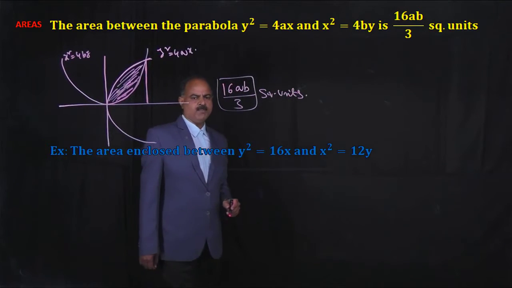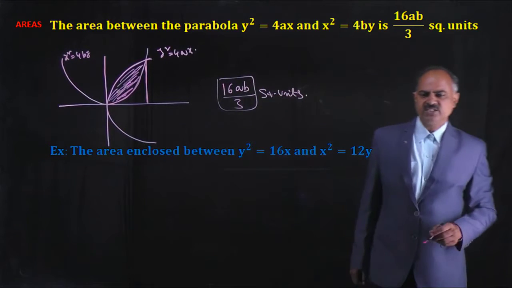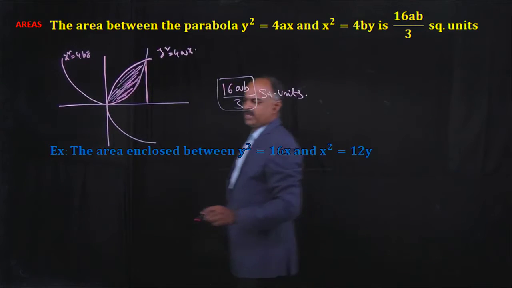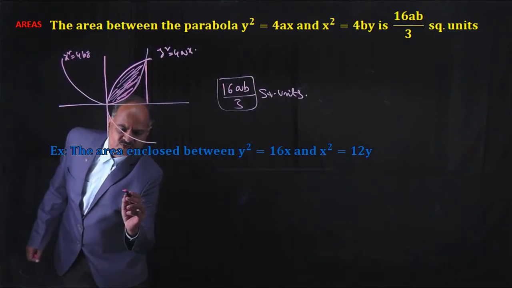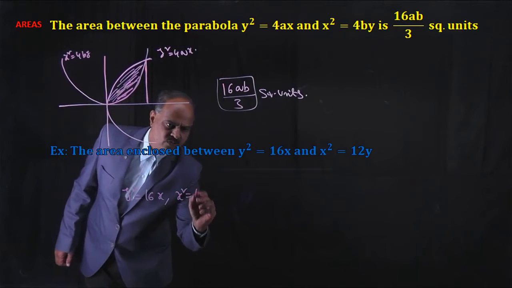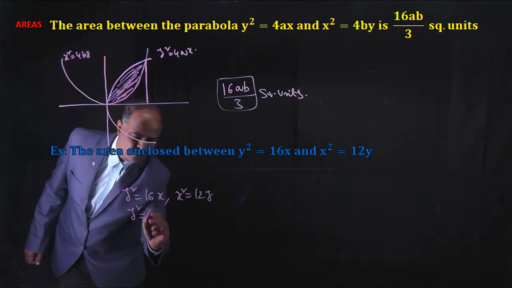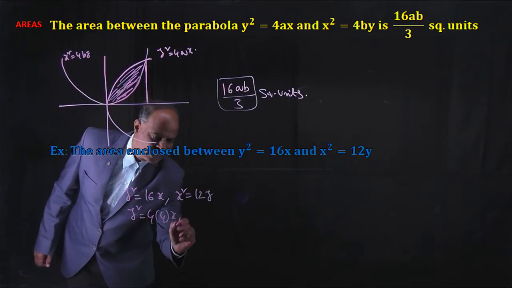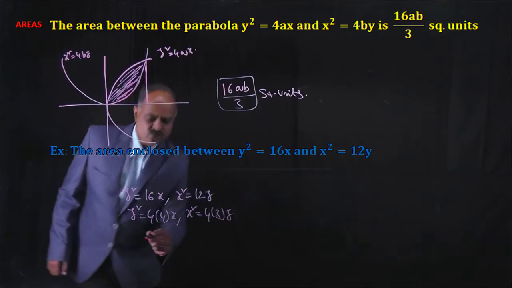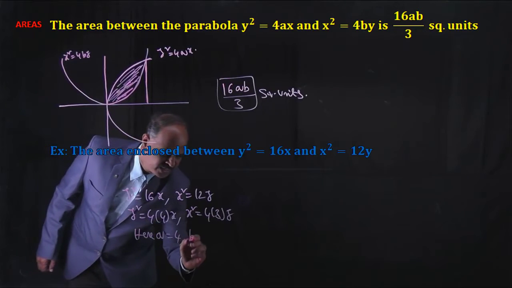Suppose, for example, the area between the parabolas y square equal to 16x and x square equal to 12y. These can be written as y square equal to 4 into 4 into x and x square equal to 4 into 3 into y. So here a is equal to 4 and b is equal to 3.